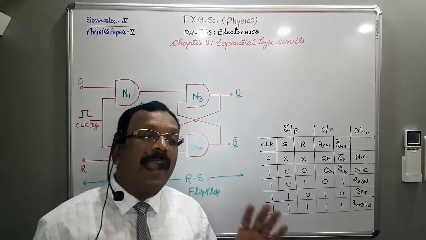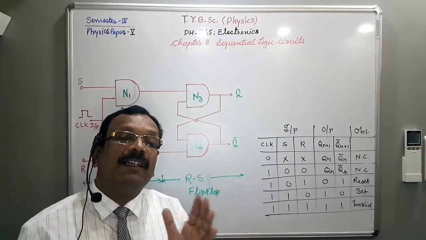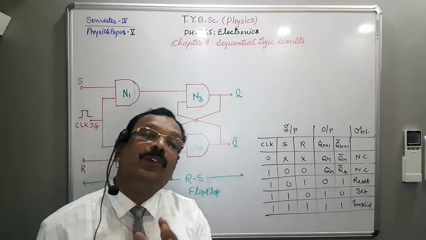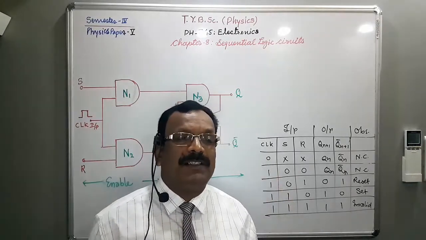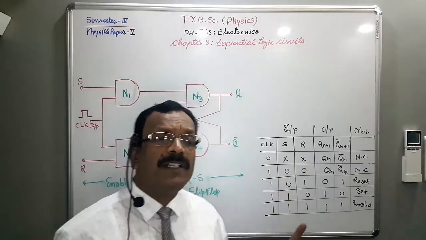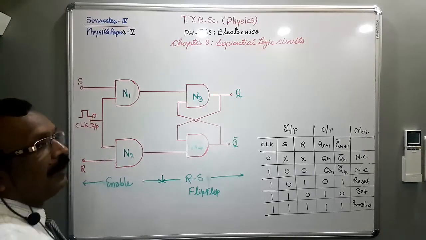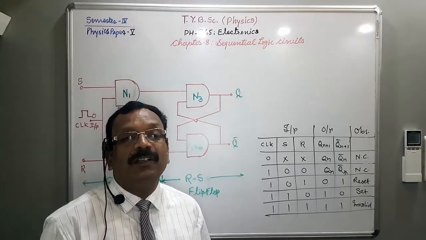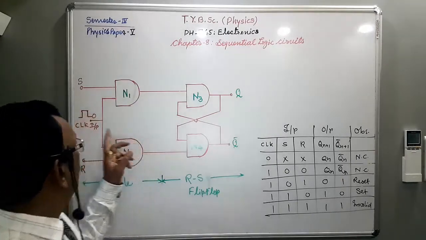Thus, an additional clock input decides whether the data is to be entered or ignored. Here there are 2 cases. When the clock pulse is low, that is logically 0, the output of both NAND gates will be 1.